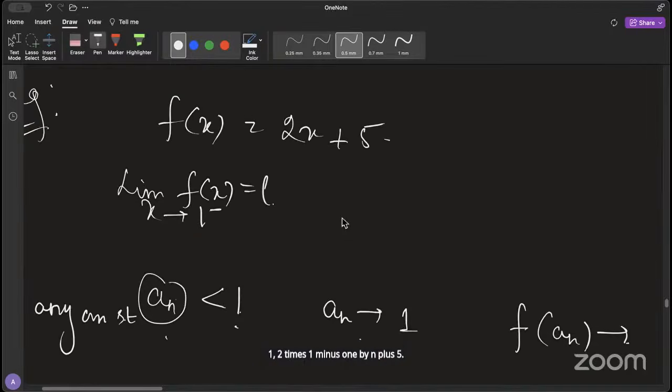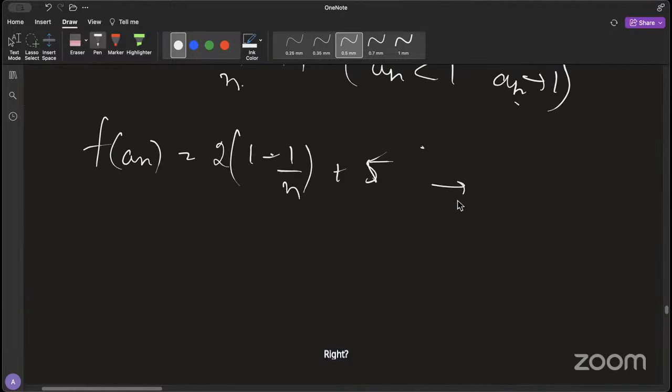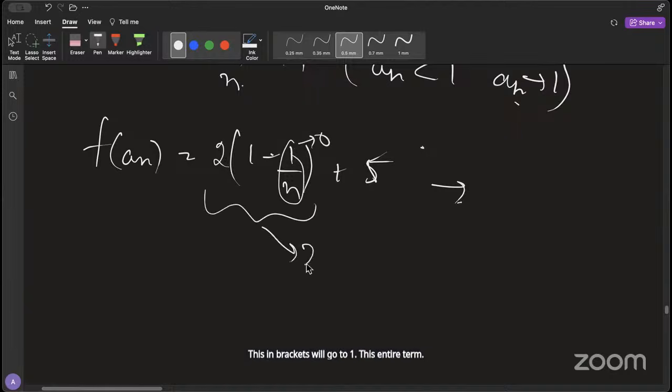As n tends to infinity, 1 by n goes to 0, so the bracket goes to 1, this term goes to 2, and the 5 stays 5. So 2 plus 5 goes to 7.